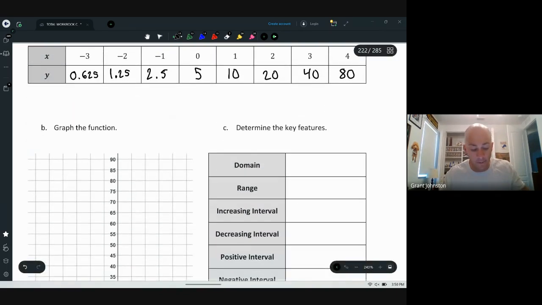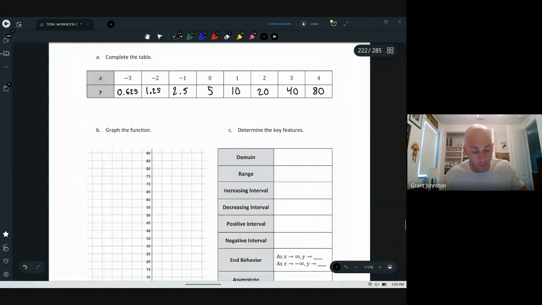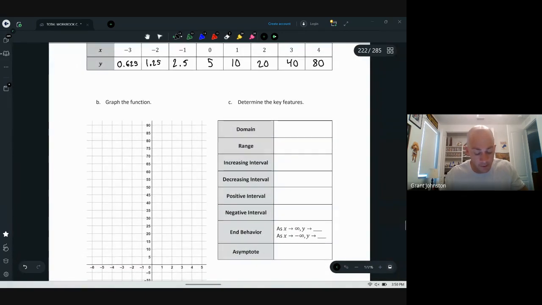So let's graph it. -3 is at a very small decimal of 0.625. There, 0 is at 5, could go there.